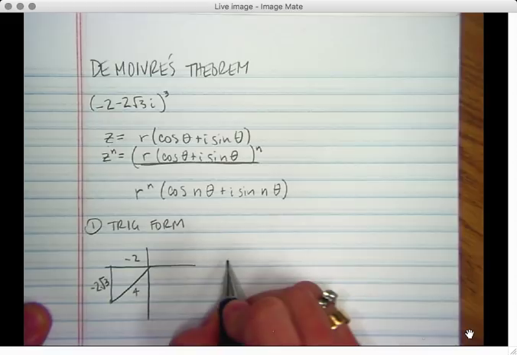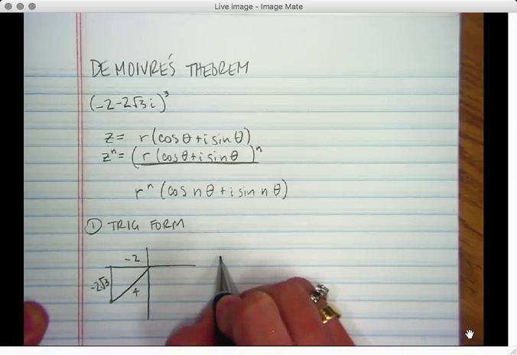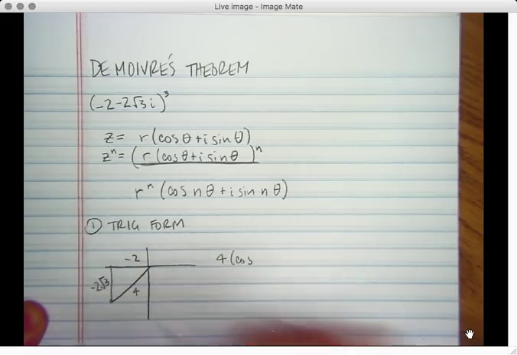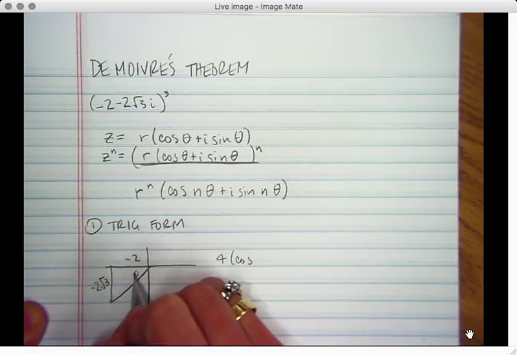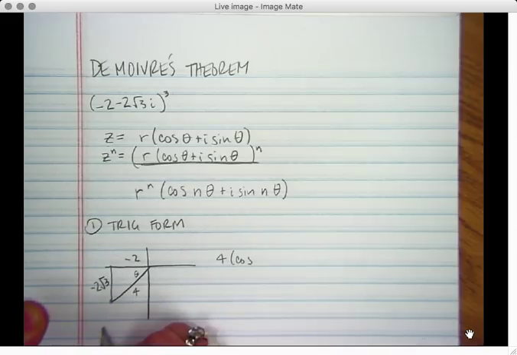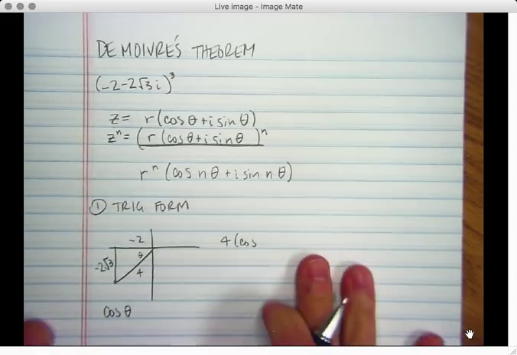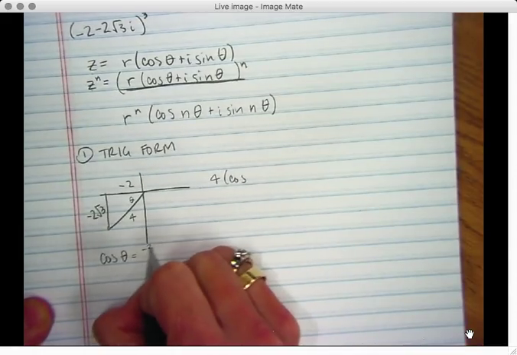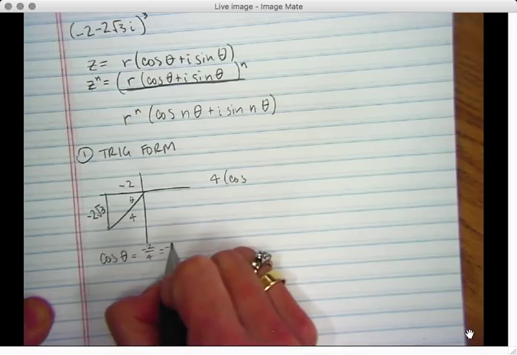So in trig form, this particular point is 4 times the cosine of, now I need an angle, right? This angle right here. So I'm looking at this saying to myself, fine, the cosine of that angle is the adjacent side over the hypotenuse, which is -1/2.